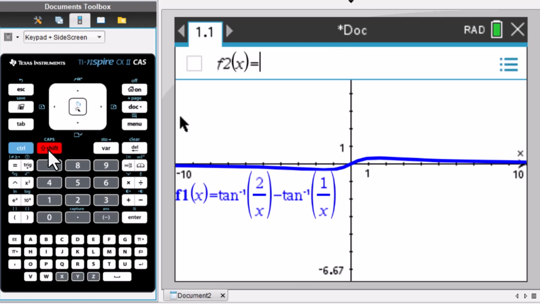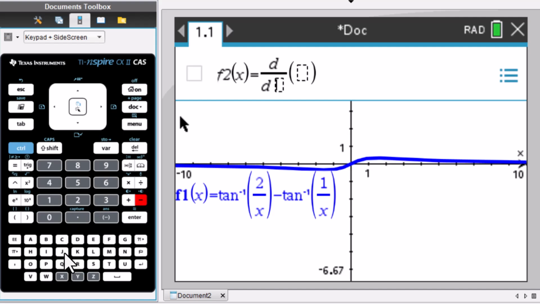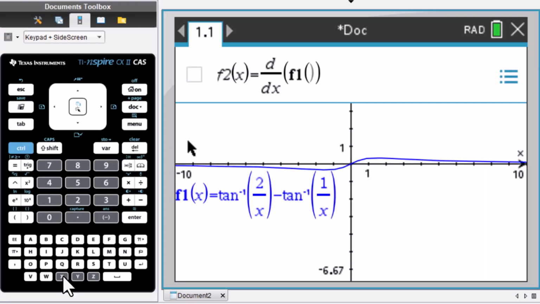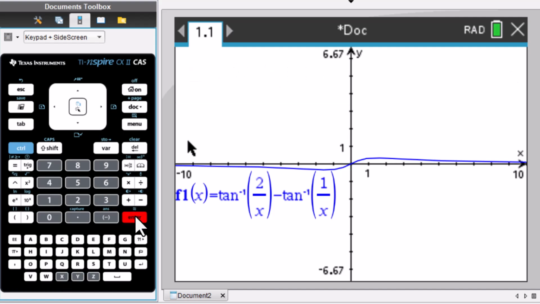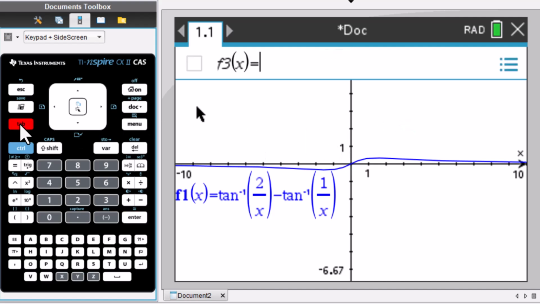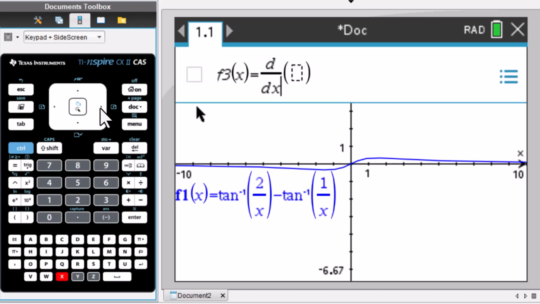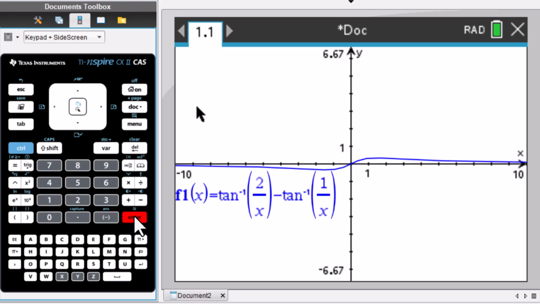Tab, shift, minus to get this derivative. Variable f1 of x. Enter. We didn't see any graph here. Click on tab, shift minus, dx, ddx of variable f2 of x, enter. We didn't see any graph here.